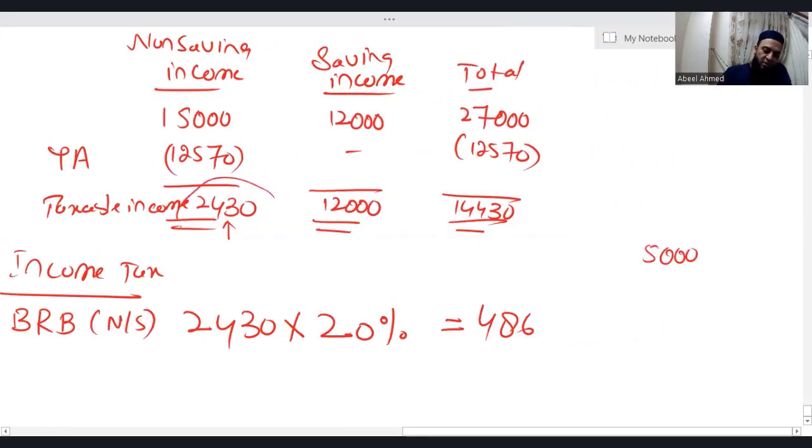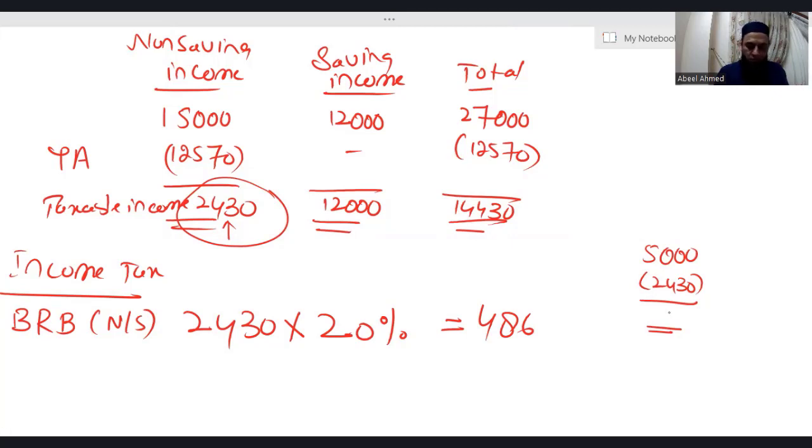We are having a taxable income in the column of non-saving income 2,430. So actually this 2,430 has consumed your starting rate band. Even though the applicable tax rate on 2,430 is 20%, it has consumed the starting rate band. So how much starting rate band is left? 5,000 minus 2,430 gives me 2,570.